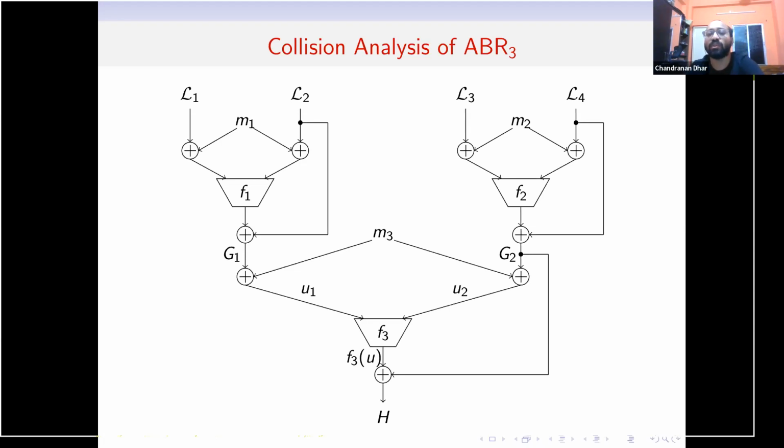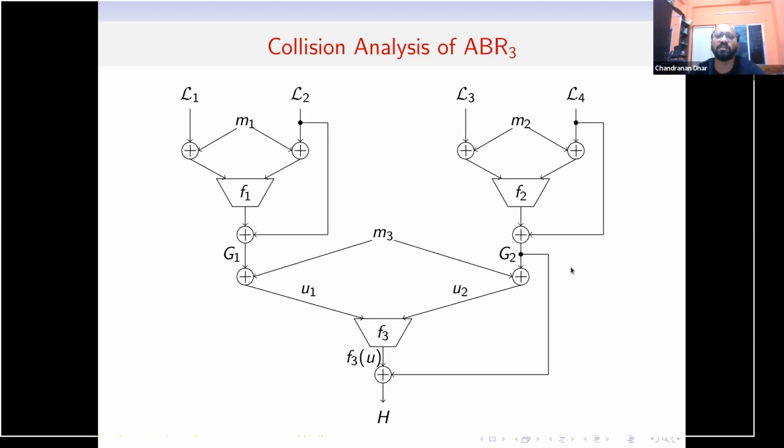In the construction of ABR3, if there is a twin collision, the final query can happen either in F1 or F2. So there are only two possibilities, and even if we have to use brute force, we can show it for two places, but it is not easy when there are more levels.